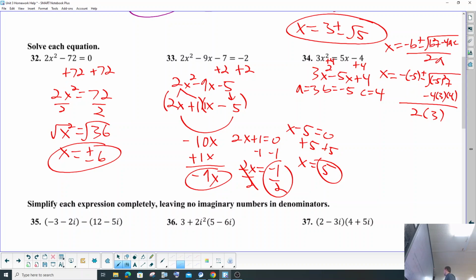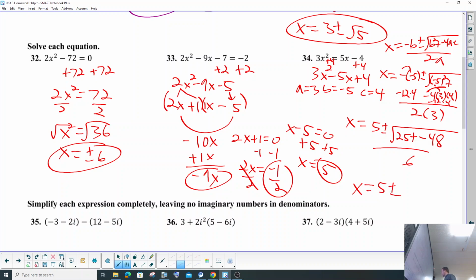A is 3. Okay, so we get x equals, negative and a negative is a positive 5. Square root of negative 5 squared is a positive 25. Plus negative 4 times 3 is negative 12. Times 4 is, let me see here, so that's negative 12 times 4 is a negative 48. All over 6.